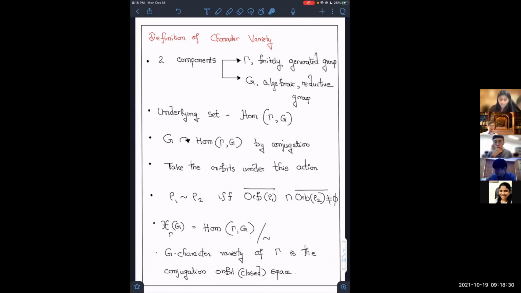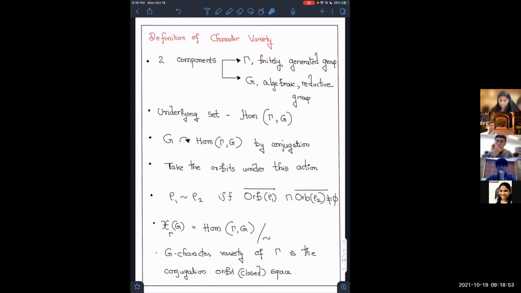Reductive groups are special types of linear algebraic groups. I mentioned linear algebraic groups, right? Linear algebraic groups are like GL_n and SL_n, and reductive groups are a special type of them.